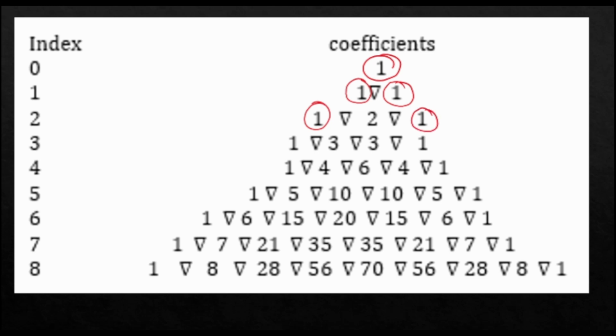Earlier I told you how two numbers added together give a number in the next row, and the process goes on till any index of our interest. Now it's easy to write the expansion of any binomial expression by using Pascal's triangle.